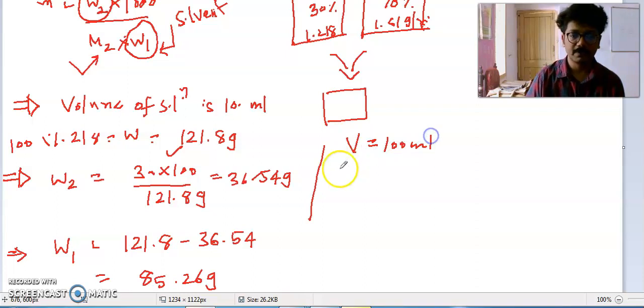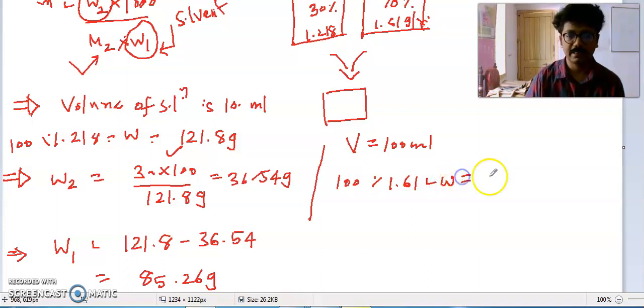So what will be the mass? The same way, 100 multiplied by the density 1.61 is the mass of solution, and the total mass comes 161.0 gram.